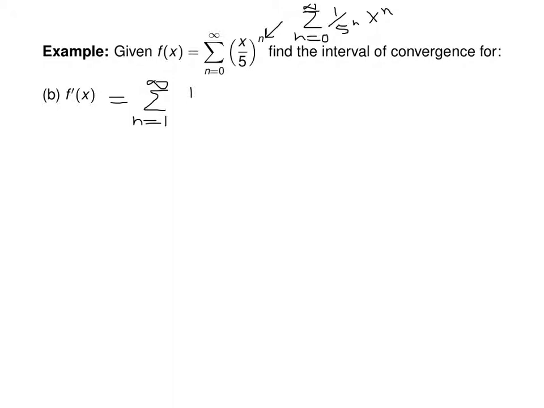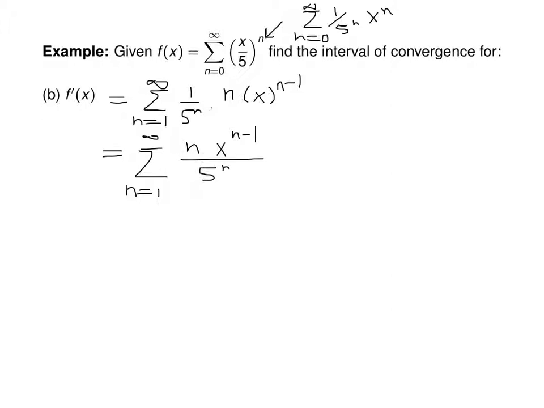So we'll have that 1 over 5 to the n, that's a constant. The derivative of x to the n will be n x to the n minus 1. So this series is a sum from n equals 1 to infinity, n x to the power of n minus 1 over 5 to the n.